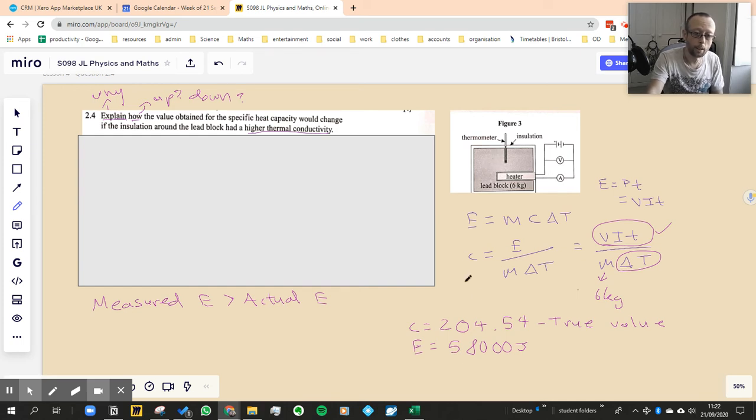So rather than calculating 58,000, the amount of energy that went in to produce the temperature change, we're trying to get the amount of energy that went into the block. Also, the energy used.